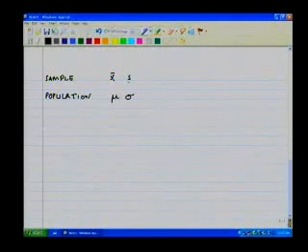What we want to do is use X bar to estimate mu, and or we want to use S to estimate sigma. We want to use the sample statistic to estimate the population parameter.